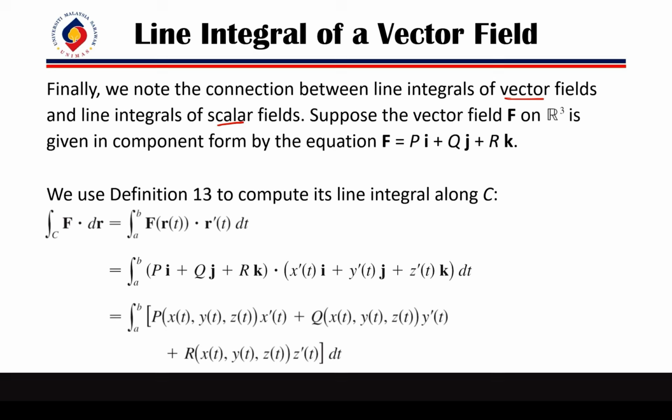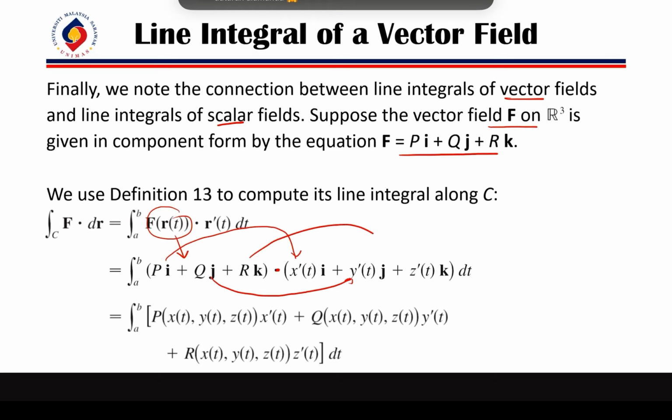Suppose the vector field on R3 is given in components as F = Pi + Qj + Rk. We use definition 13 previously to compute its line integral along C. We substitute the F components in terms of P, Q, R and use the dot product. When we use the dot product, we multiply P i by x prime t, Q j by y prime t, and R k by z prime t.